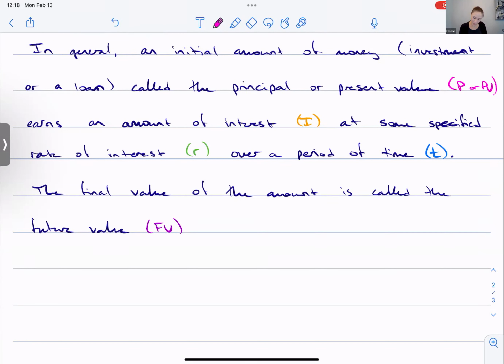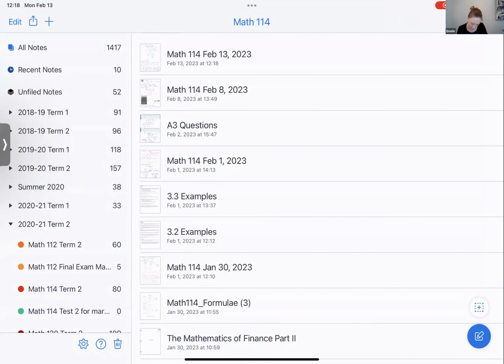Okay, so first of all, to calculate the amount of interest that you've earned, let me bring in the formula sheet. That might be a good idea at this point here.